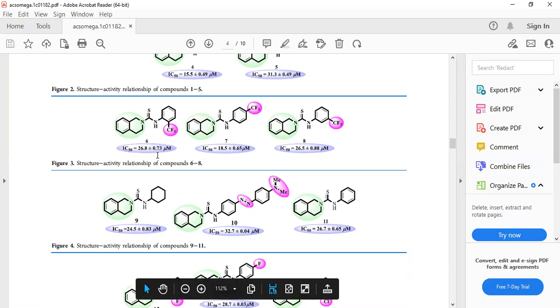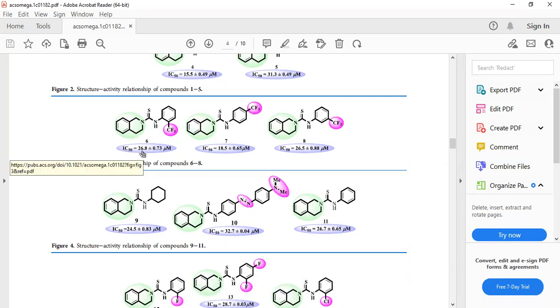First, the ortho substituted has an IC50 value of 26.8, and while switching from ortho to para, the IC50 value has decreased, meaning the potency of the compound has increased by the switching of position. While switching from para to meta, activity was decreased.